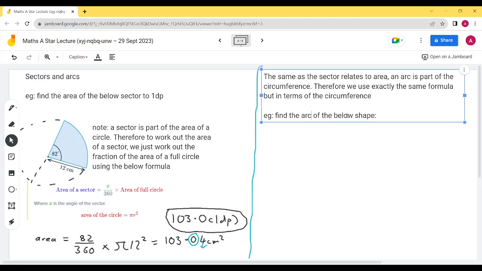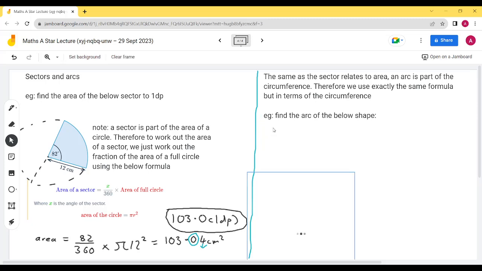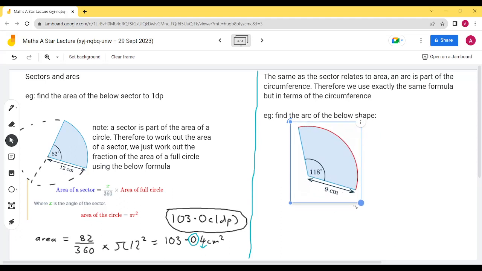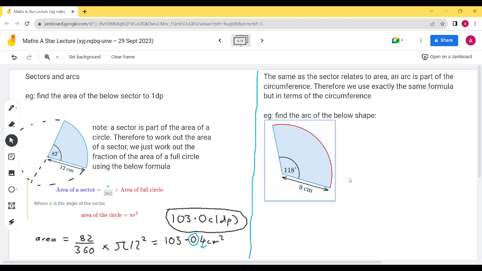But we've got find the arc of the below shape. And so we've got here our shape just as before, but this time, we're concerned with the arc, we're concerned with the outside. And as said, the formula works very much in the same way, except this time we are in relation to the circumference instead of being in relation to the area.